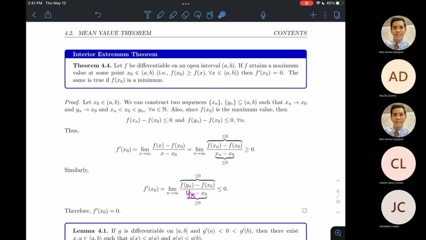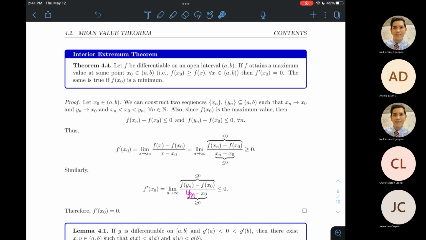So ang derivative ay hindi zero sa isang interior point sa isang open interval, ibig sabihin hindi siya pwedeng magbigay ng relative minimum or relative maximum. Kaya na-single out natin sa 36 na ito lamang yung mga posibleng magbigay ng relative extrema. Okay? Kaya lang relative extrema ito kasi yung interior extremum theorem only talks about the behavior at an interval, at an open interval AB in particular.